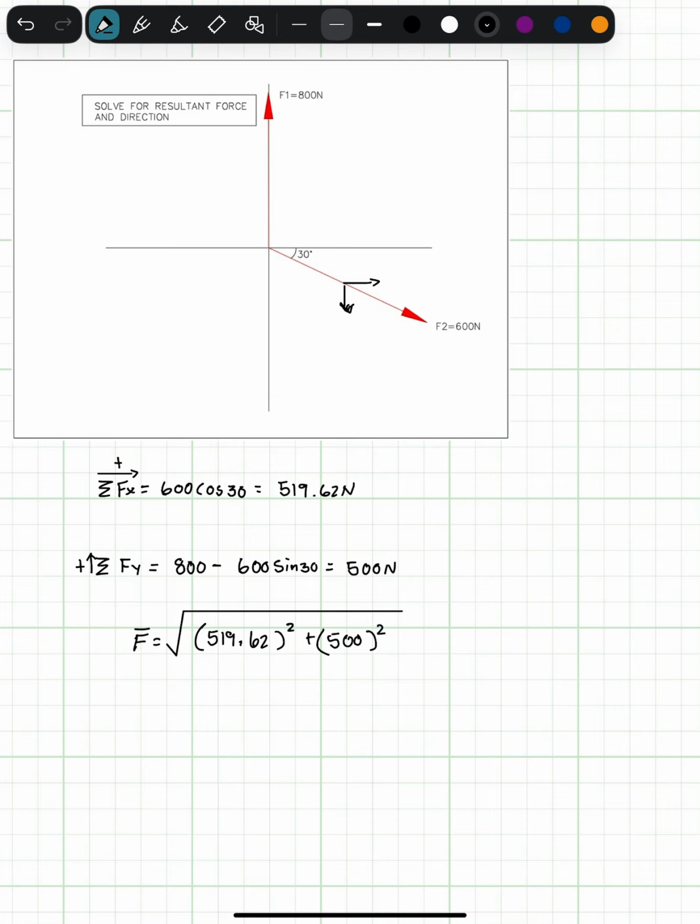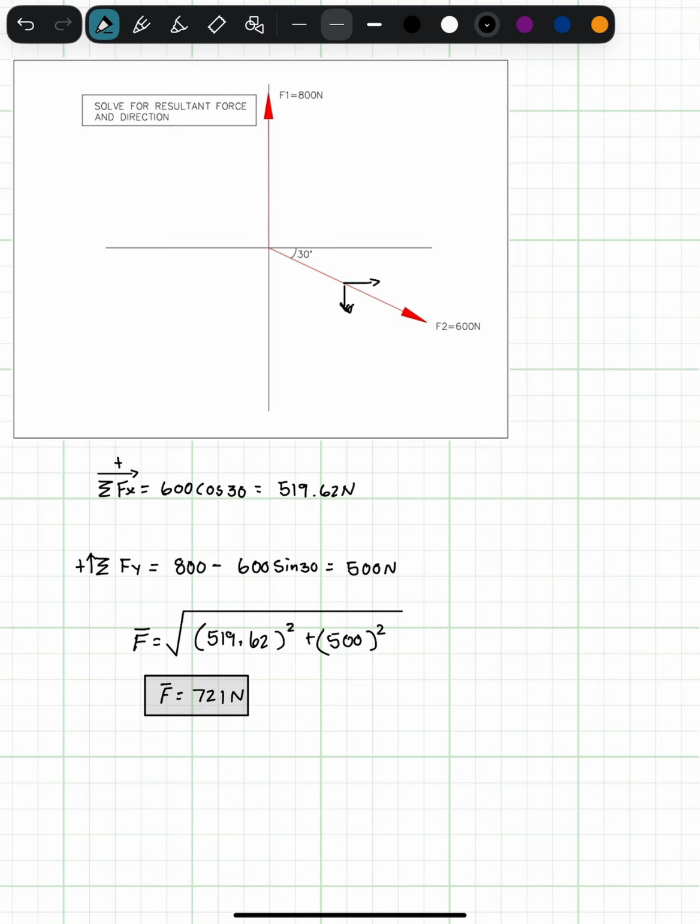Let's see what our magnitude is. So the value that I'm getting for our magnitude is 721 newtons.